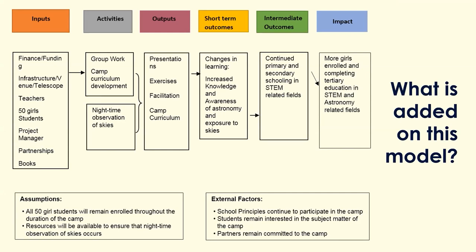One was a question: is it the boxes on the bottom that were added? Camille writes that it's some context. Well, that's exactly what I wanted you to notice, that the boxes on the bottom have some information. One is assumptions, and the other is called external factors.